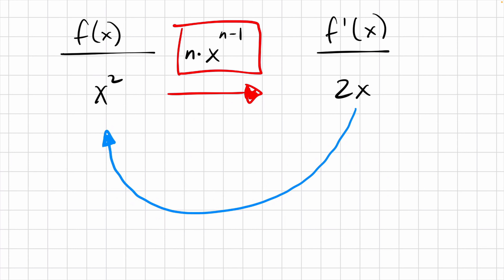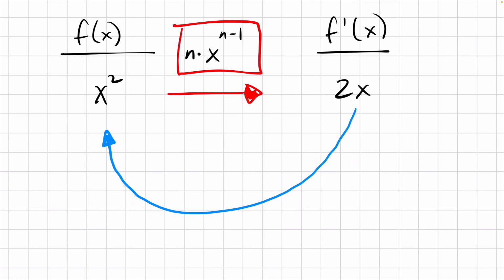So like Celeste just said, the power rule for derivatives or differentiation had multiplication and subtraction. So what do you think anti-differentiation will have? Division and addition. So this guy is going to have division and addition to go from here to here.